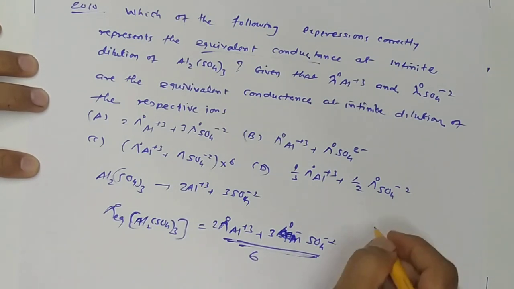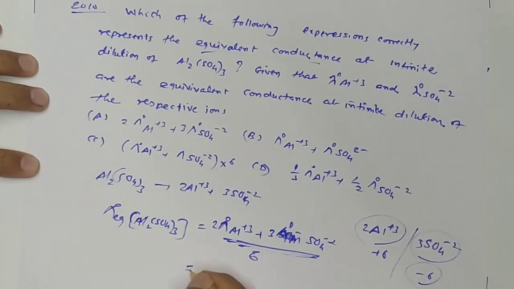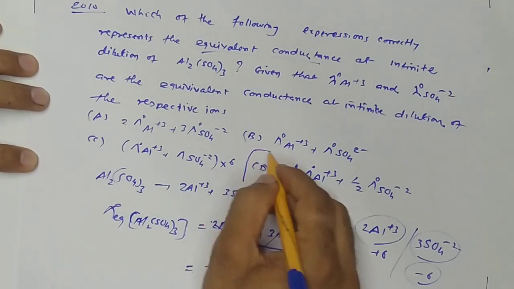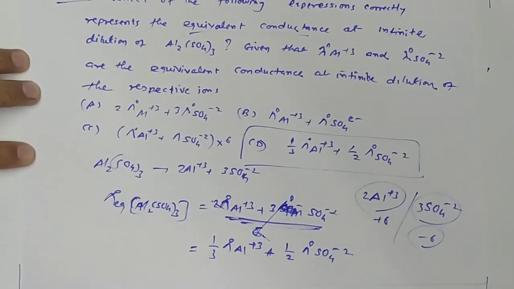Why 6? The total charge of the positive ions is 6; otherwise, the total charge of the negative ions could be used for division. So 2 by 6 is 1 by 3 lambda degree of Al+3, and 3 by 6 is 1 by 2 lambda degree of sulfate ion. So the answer is D. Understood?